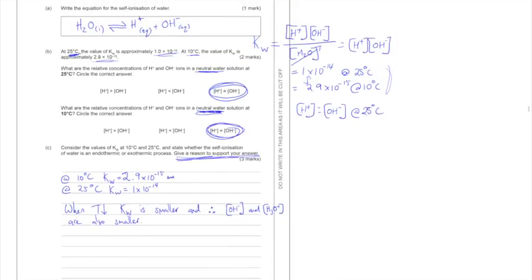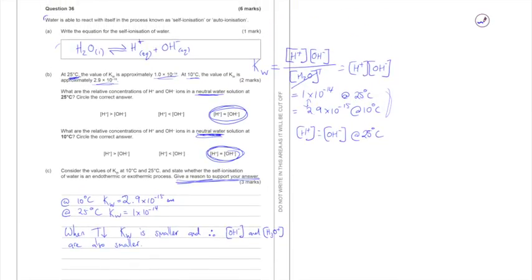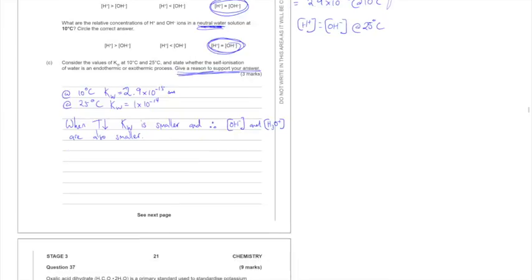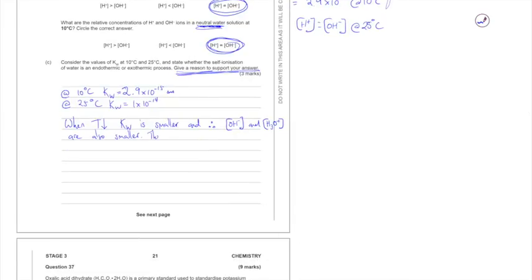Now, if the concentration of OH minus and H3O plus are smaller, that means something has happened with my self-ionization equation. And the only way that these two product concentrations could get smaller is if it favors the left-hand side of the equation. So that means, guys, I'm going to write down here, therefore, LHS of equation has been favored.